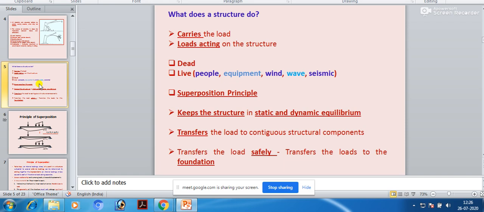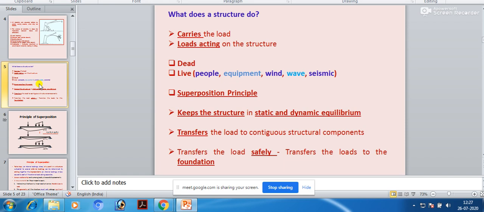See, don't consider the almirah as a dead load, because the position of the almirah can change from one place to another. One day you can place your almirah at one floor position, and on another day you can bring it to some other floor position. A sofa you can keep at one position, and on another day you can change its position to another place. So any kind of equipment, any kind of things we use in our daily life, will be considered as live loads on the structure.